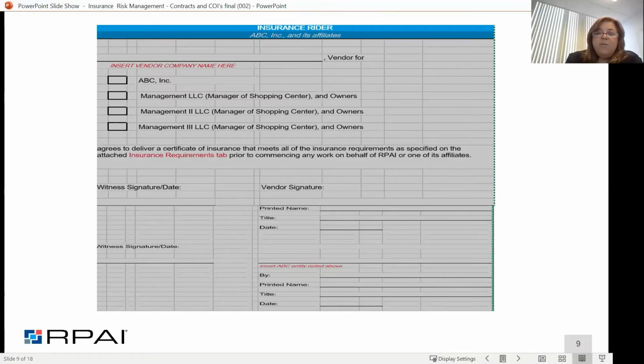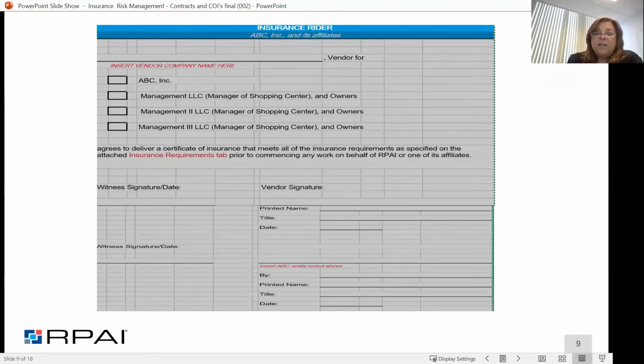The reason that we created and we use this insurance rider is because a lot of additional insured endorsements are going to have that written agreement qualification requirement for an entity to be named as an additional insured. So to do that, you have to have a written requirement, and without it being in the scope, and if it's something that falls outside of the scope of their normal duties, we have this on file for every vendor.